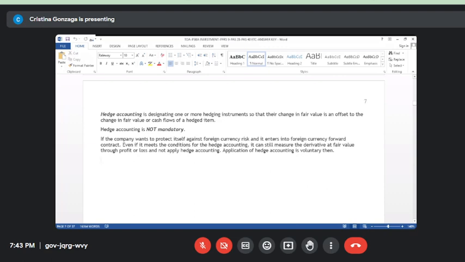As I said, I have enumerated already: interest rate swap derivative, option derivative, forward derivative, no? Ano pa yung isa? Futures derivative. They are hedging instruments because you are hedging an item.